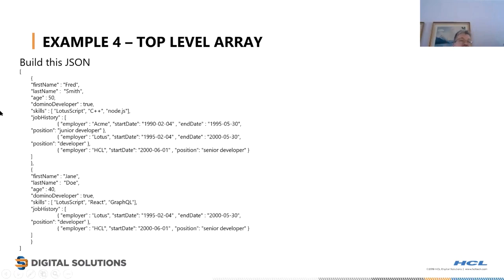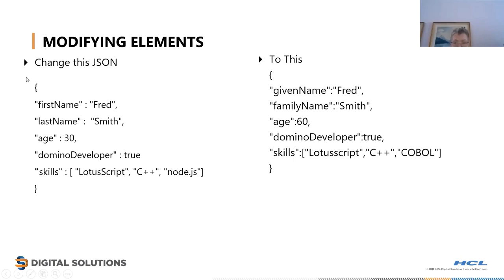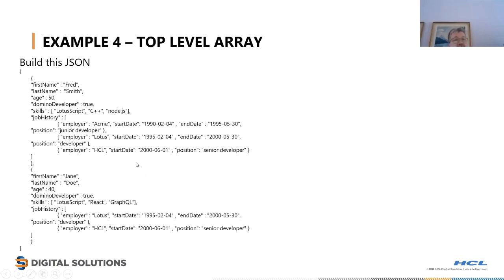Because you can see at the very top level here, I have a bracket at the top, which makes the top level element of this JSON an array. And then inside that array, I have two objects now. I have two different people here, and I want to put a collection of people inside this array. It's certainly something I've seen many times. So what does that look like?